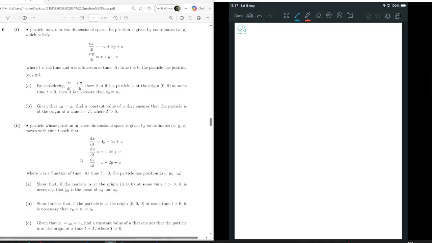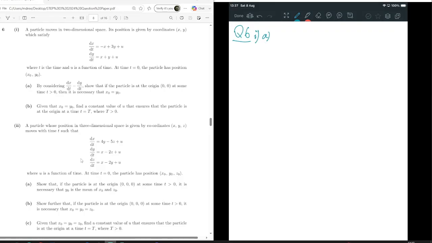And we've been told to think about a very special combination: dx by dt minus dy by dt, and then showing something about the initial conditions after that. So let's do exactly that.